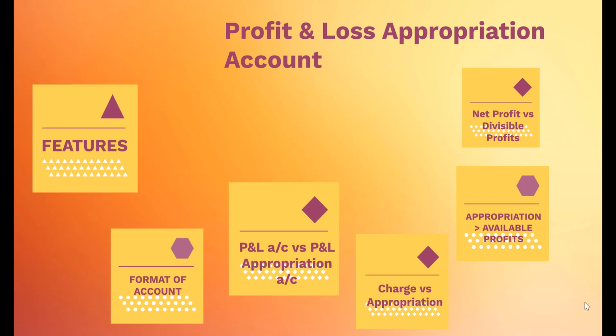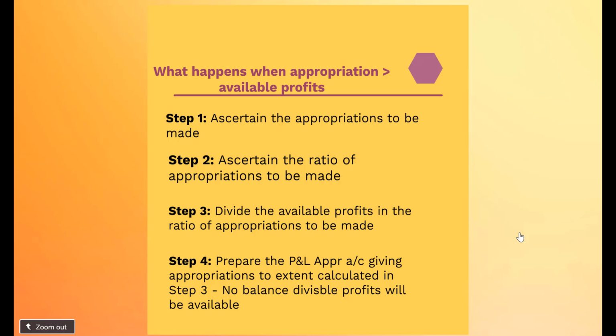Now we just learnt that the appropriation can be made only to the extent of the profits which are available. Now what happens when we are faced with a situation where the appropriations to be made is greater than the profits which is available? These four steps need to be followed in such a situation. The first step is to ascertain the amount of appropriation that has to be made.